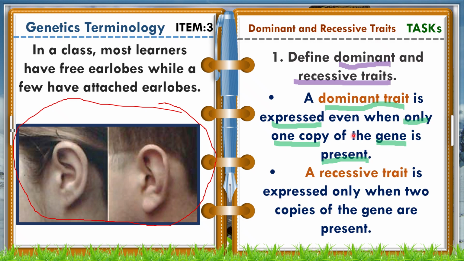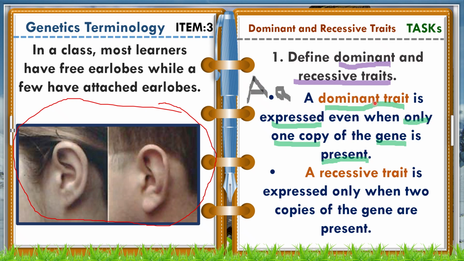And what gene are we talking about? For example, if we say capital A is dominant and small a is recessive, when this capital A, even if it is one, is in the presence of the small a, the trait is going to be dominant, because capital A suppresses the small a.